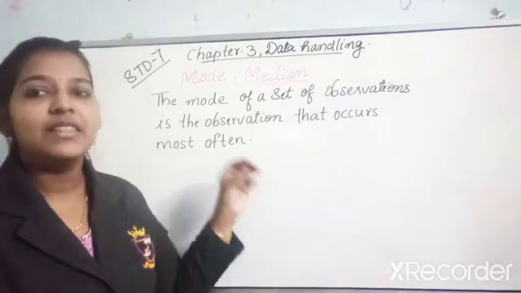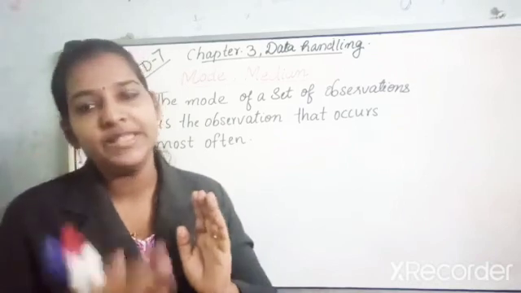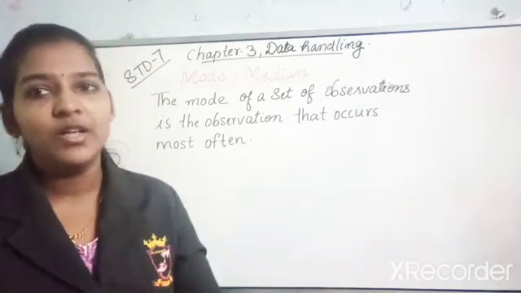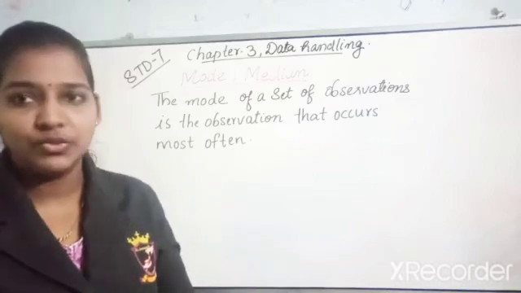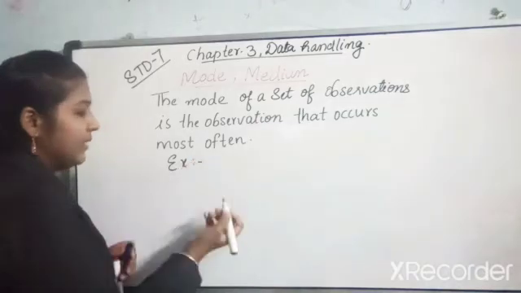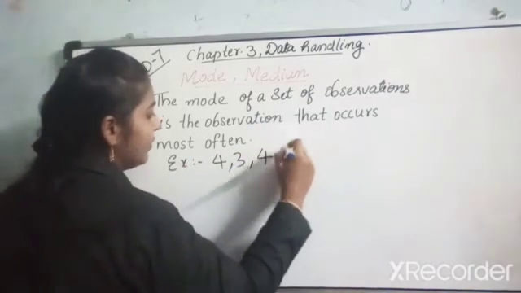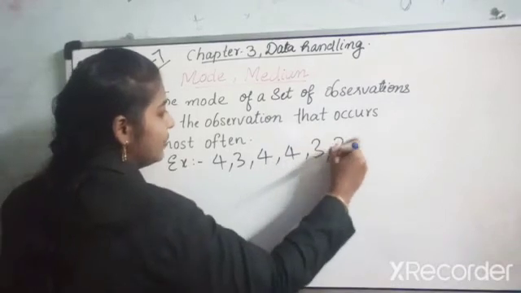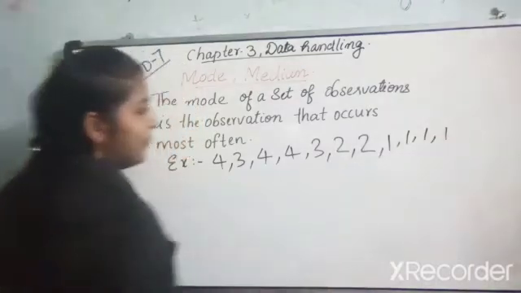That means the observation which repeats more is the mode of the given observations. Clear, children? I will show you with an example. I am taking some numbers: 4, 3, 4, 4, 3, 2, 2, 1, 1, 1, 1.